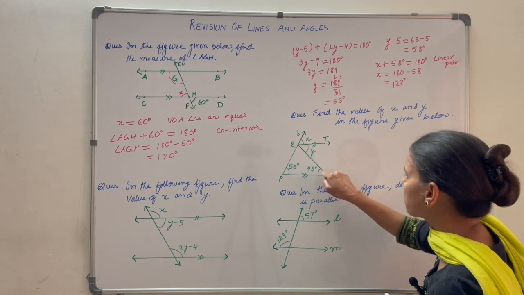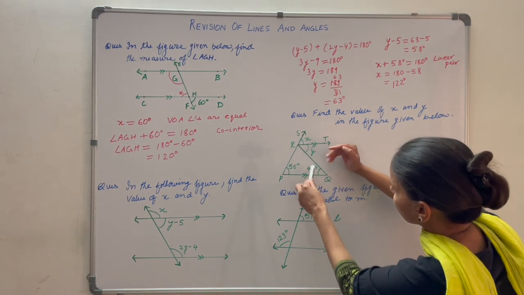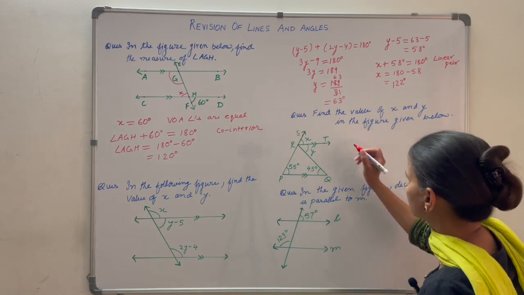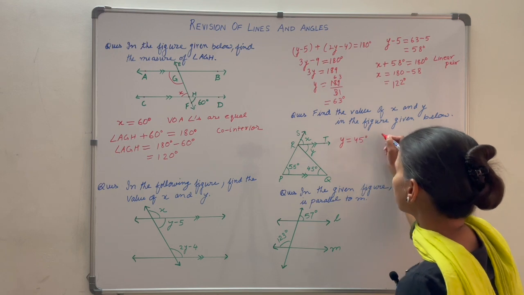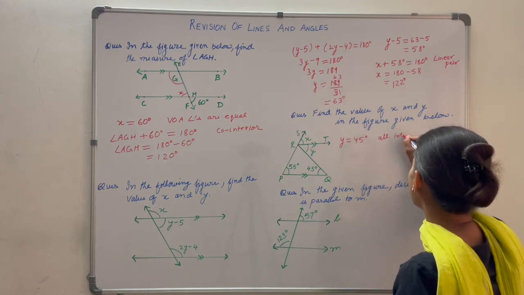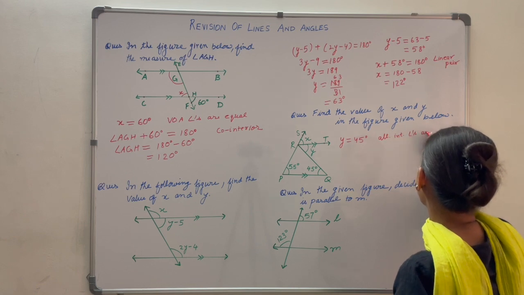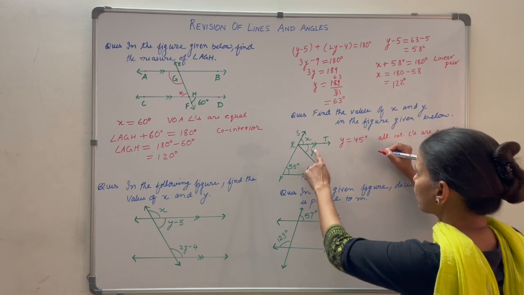So these two lines are parallel and this is a transversal. So y and 45 are alternate interior angles. So y is equal to 45 degrees. Why? Alternate interior angles are equal. So you got the value of y.